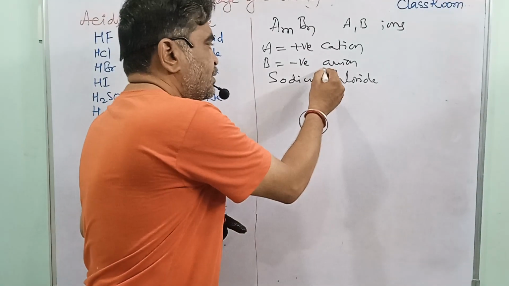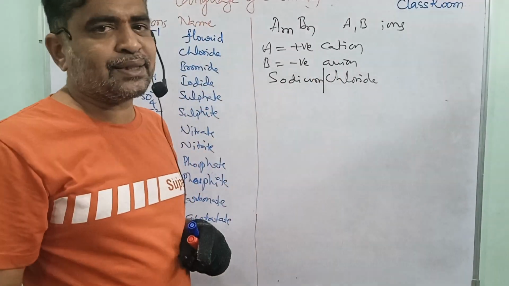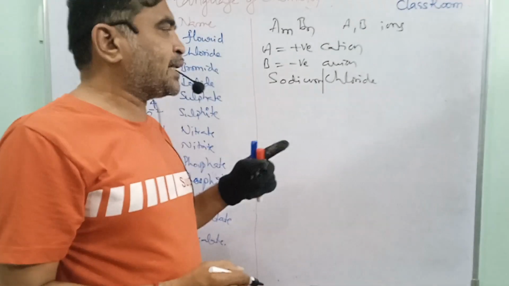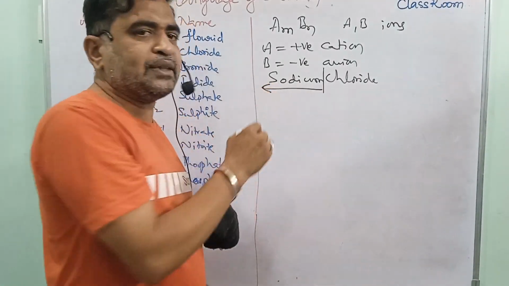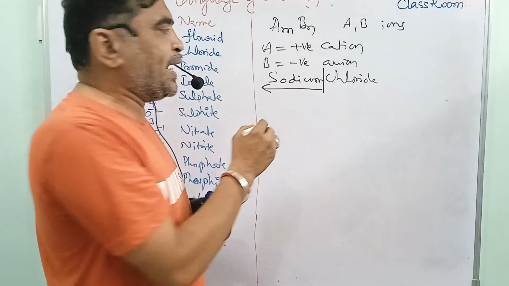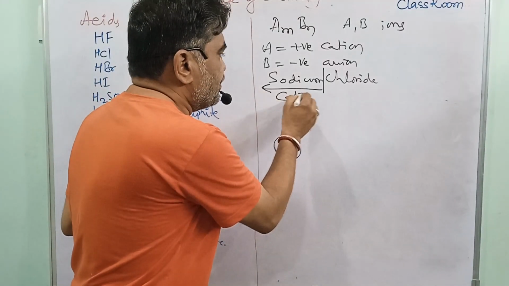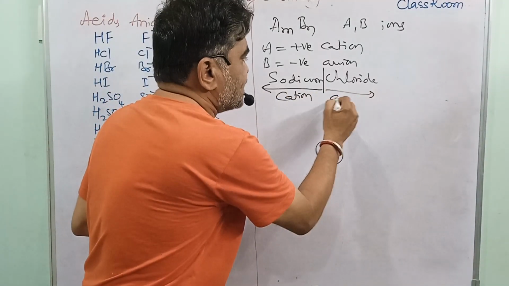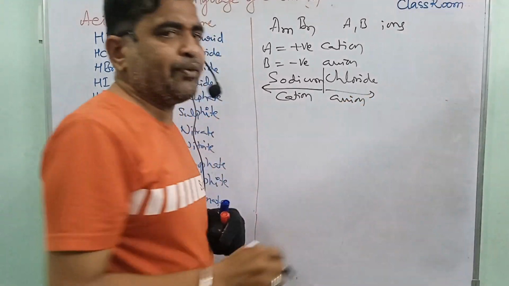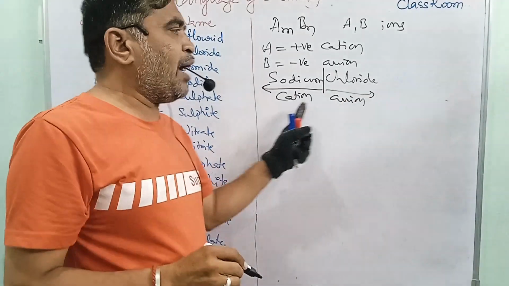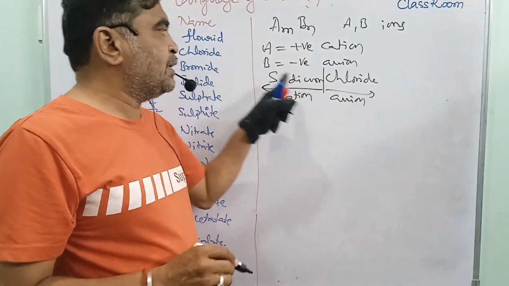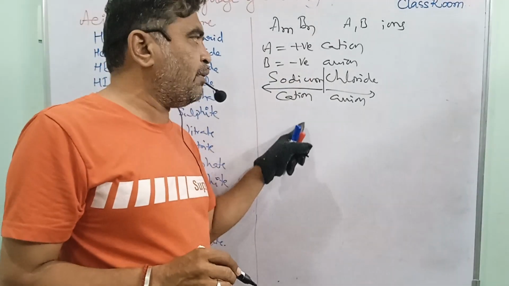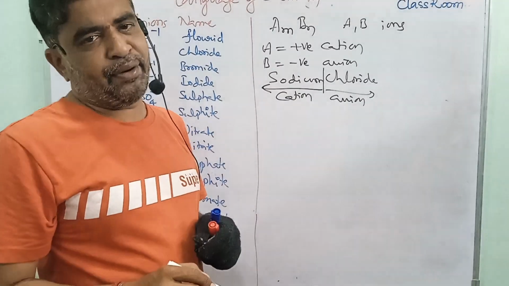In whatever compound it is, the first part indicates the cation and the second part indicates the anion. Sodium indicates the cation, chloride indicates the anion.